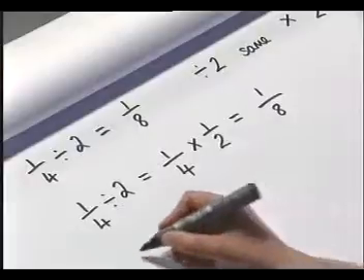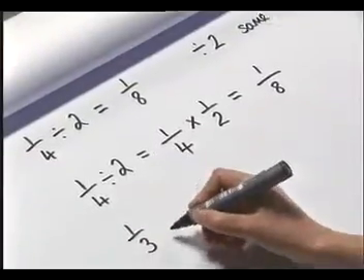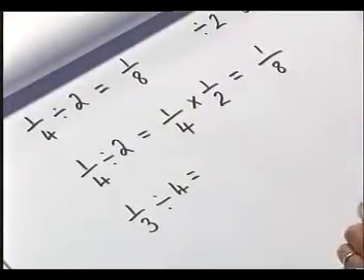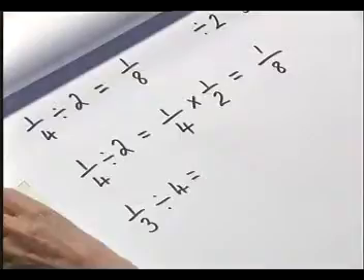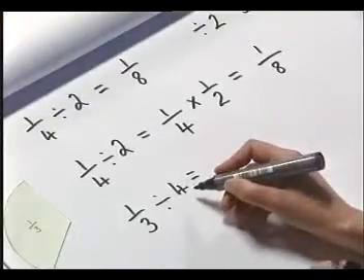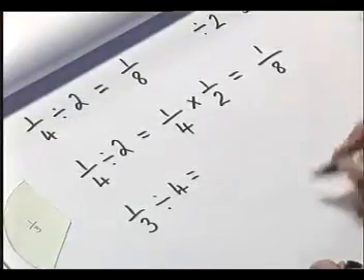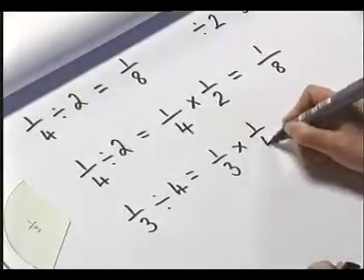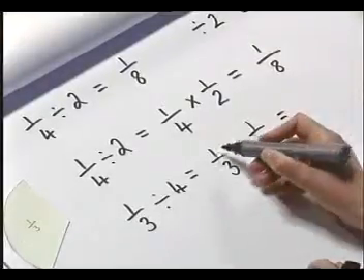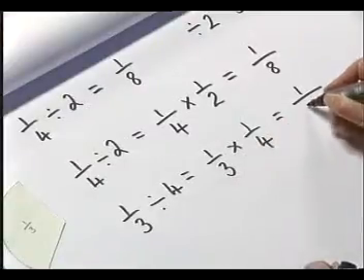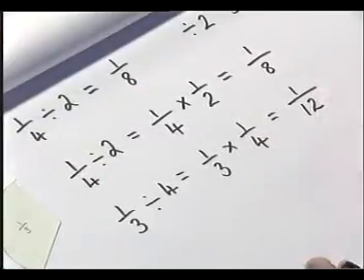Let's have a look at another example. A third this time, divided by 4. So we want to split our third into 4 pieces. Well, dividing by 4 is the same as multiplying by a quarter. So what we have is 1 times 1 for the numerator and 3 times 4, which is 12, for the denominator.